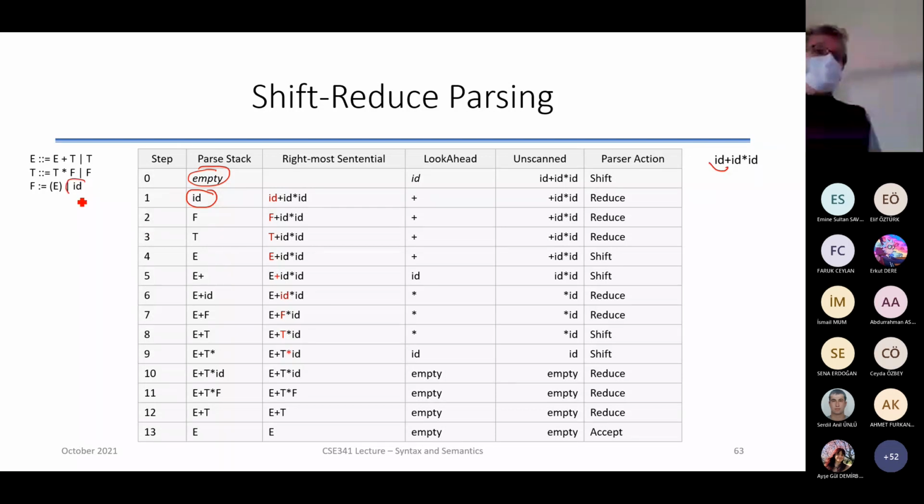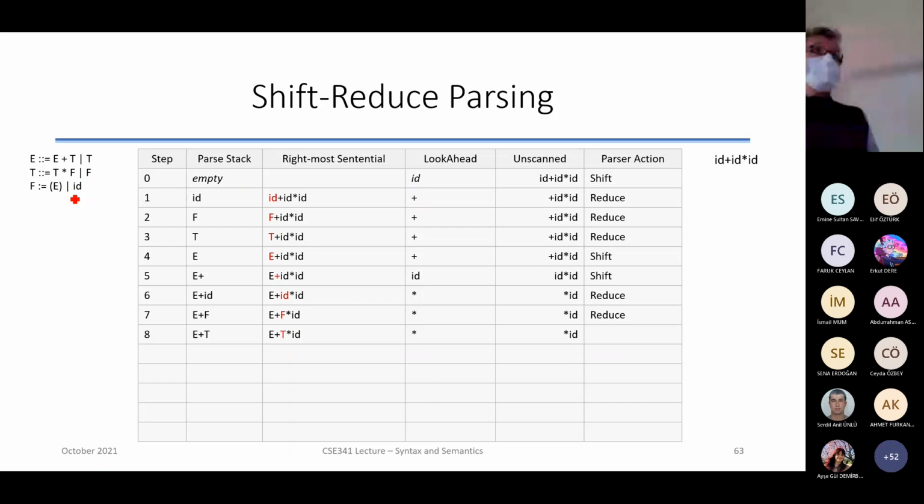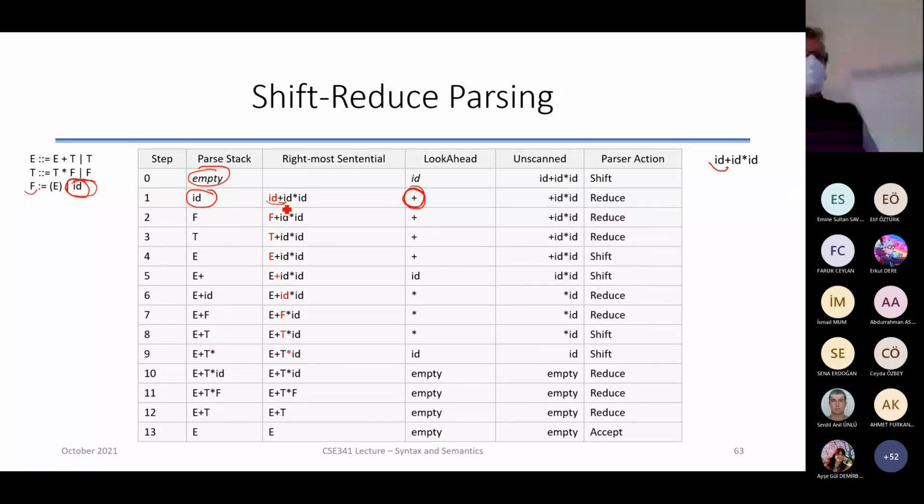There is a rule that takes this ID and replaces it with F. Now you also have this lookahead. The lookahead tells you that if you do a shift, you will have an ID plus, and the ID plus will not happen in any of the input here. Therefore, you cannot change this; you have to move on. So the algorithm, in this case, will do a reduce because of the lookahead, and so forth.